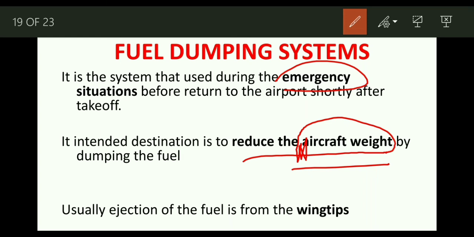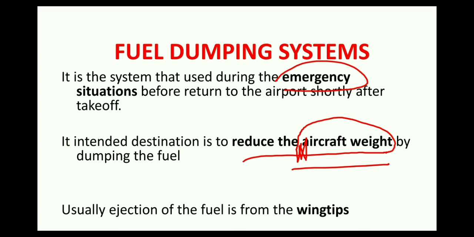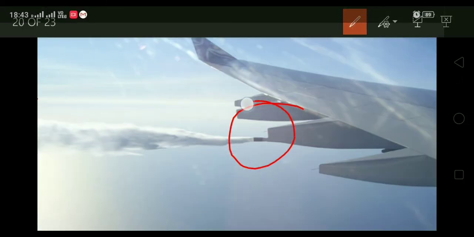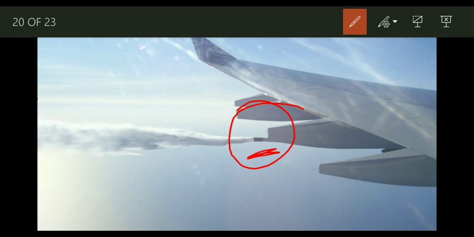Usually the fuel is dumped from the wingtip. You can see in another picture that this is the fuel nozzle that injects the fuel out and reduces the weight of the wing. So this is the fuel, and this is where the dumping of the fuel occurs.